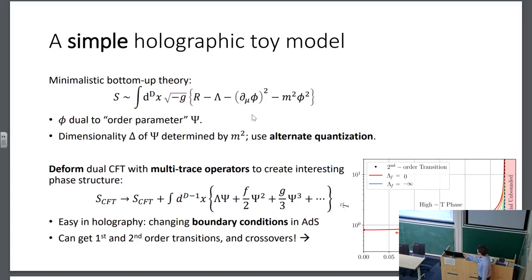And what I want is phase transitions. So we don't have to go into this figure in detail, but the point is that there are first order lines and there are second order endpoints, and there are just crossover regions. So you can tune these parameters G, F, etc. to get what you want. And it's a very simple setup.